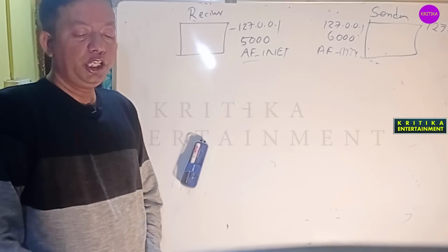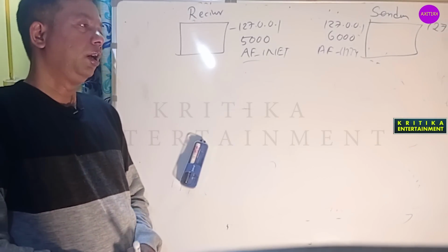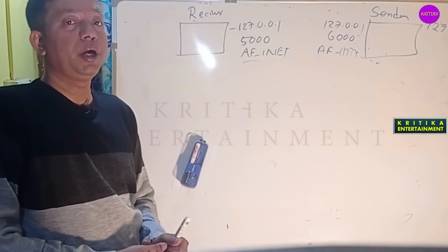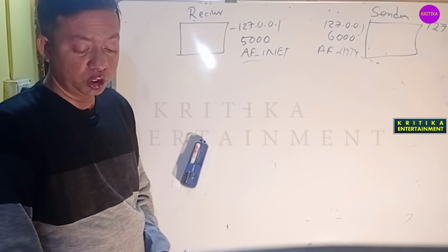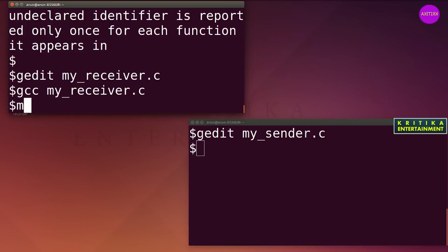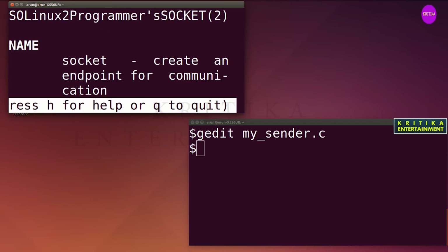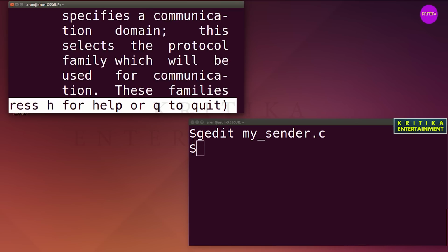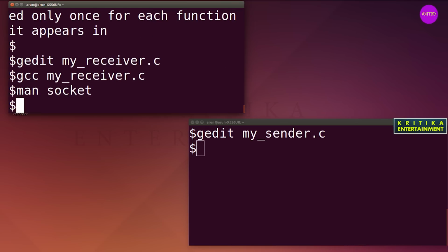So I think you have understood which header file is needed for which function. If it is not clear, you can also use the manual page: write man socket, and it will display all the header details. You can find this here. All details will be displayed. To quit, press q.